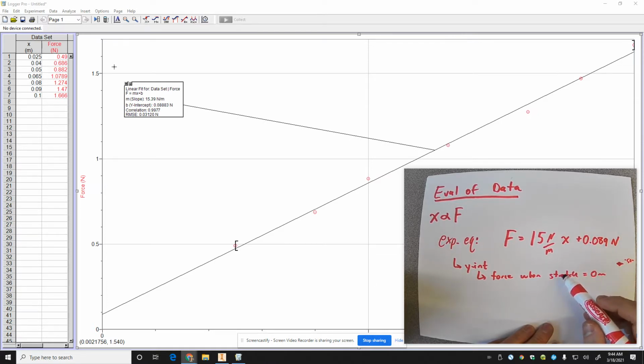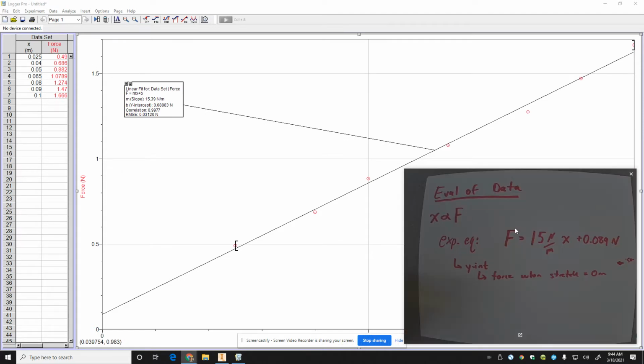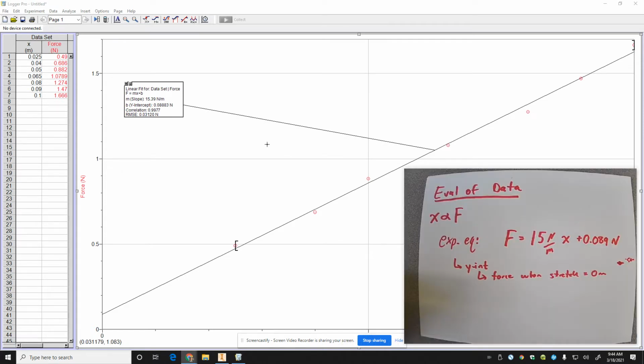The general rule of thumb is if it's less than 10% of the maximum y value, which this actually is. So our maximum y value is like 0.17. 10% of that would be 0.017. And this is less than that. It's more like 7% of the max value.